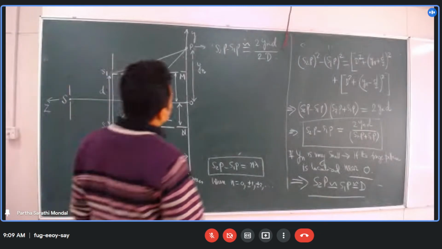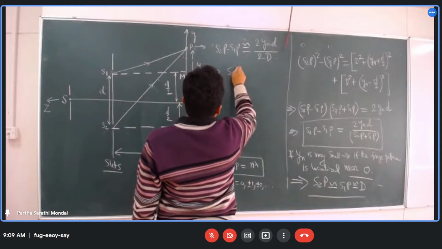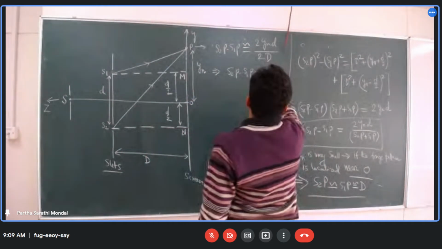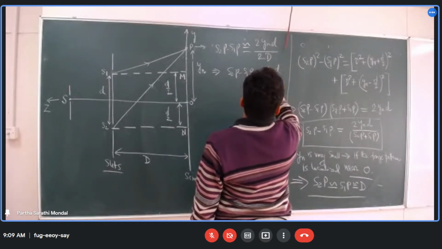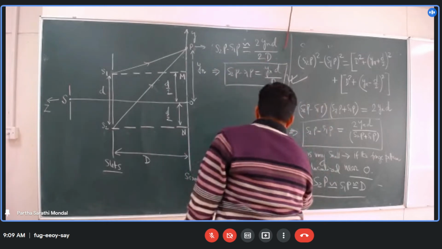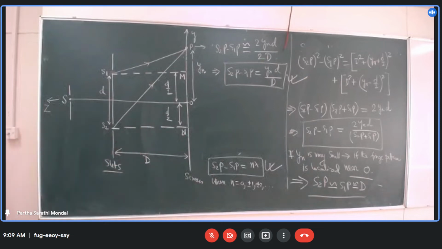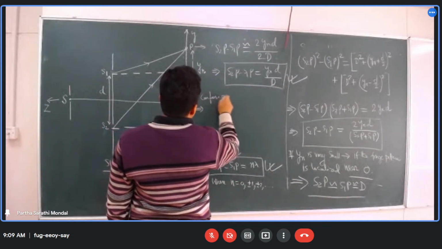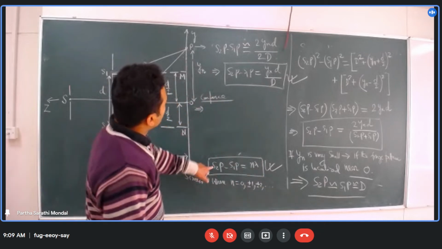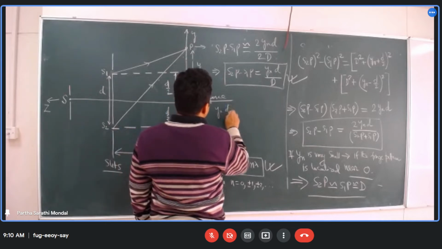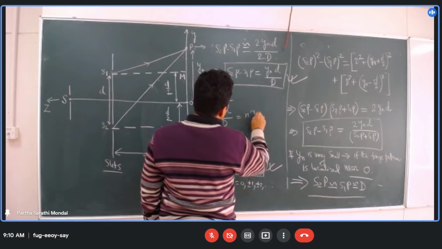So that means S2P minus S1P equal to yn d by D. So now, if I compare these two equations, we can write down, S2P minus S1P being the same in both, yn d by D equal to n lambda.